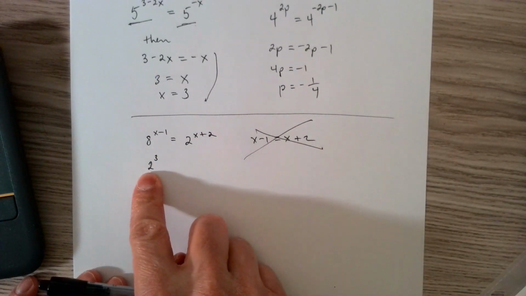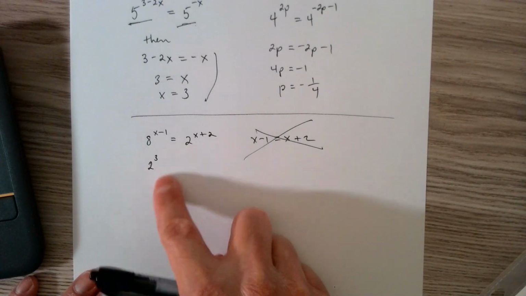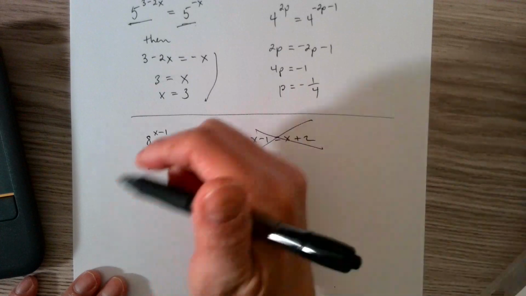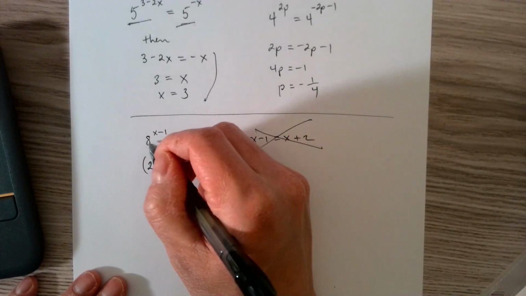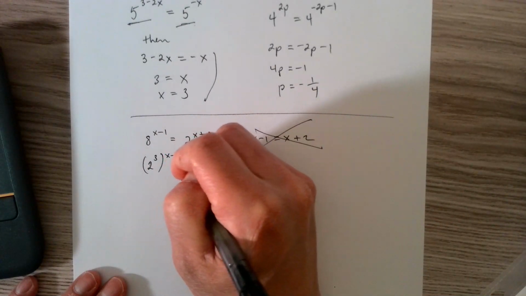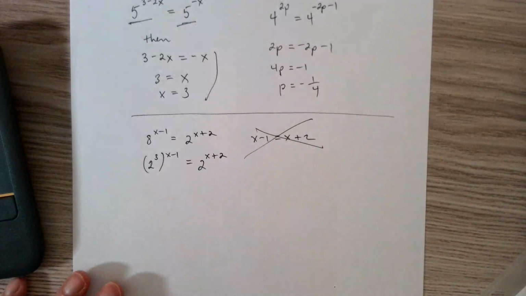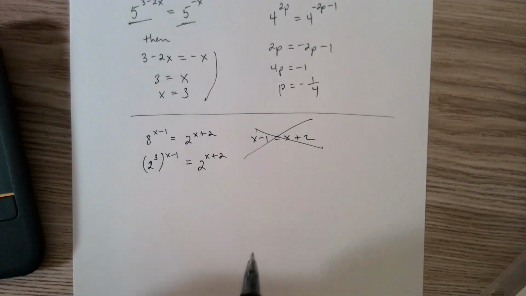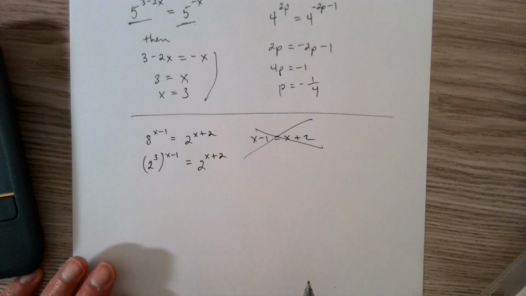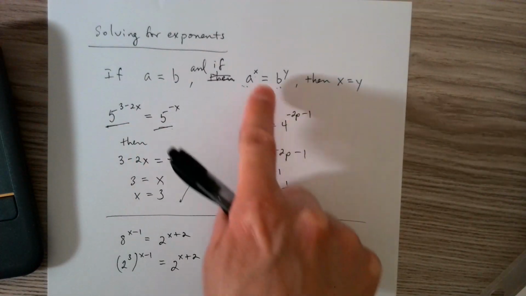Now the base is 2. Over here, the base is already 2, so that's good. And that 2 cubed, which used to be 8, is still raised to the x minus 1 power. So now my equation looks like this. I'm getting closer and closer to a situation where the base is the same.